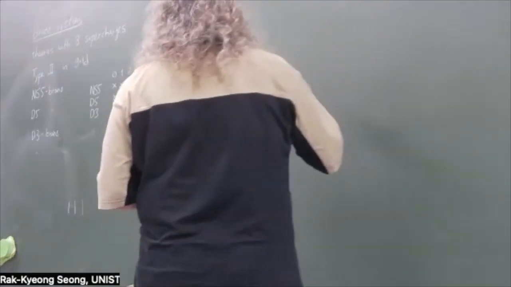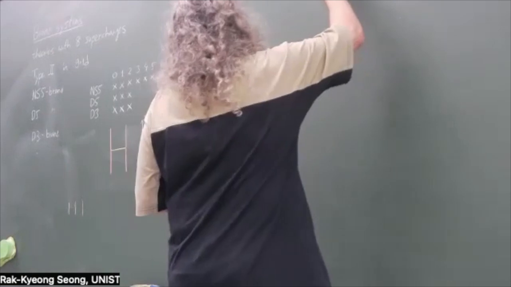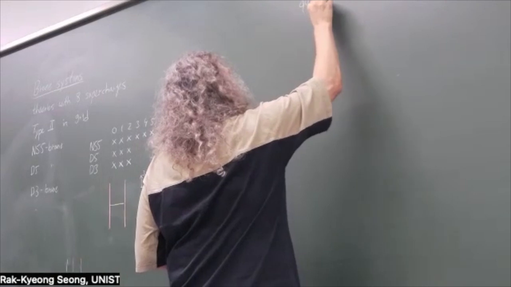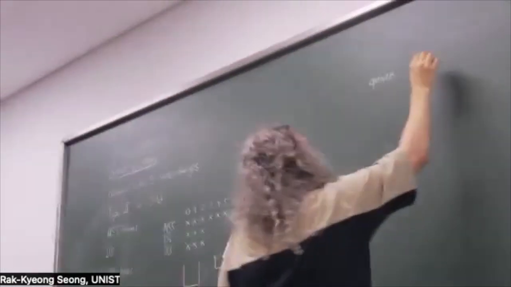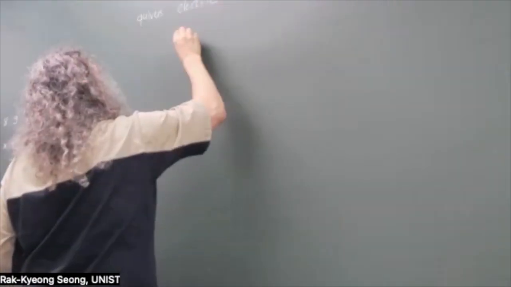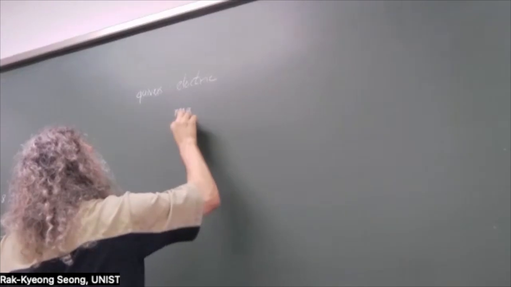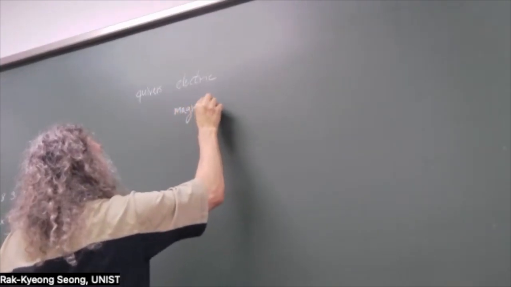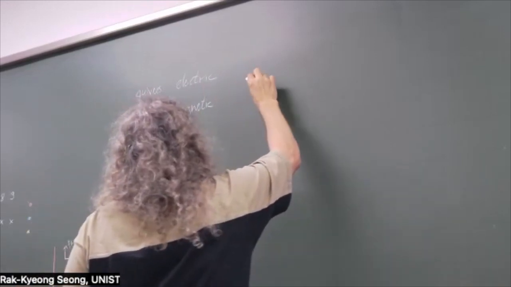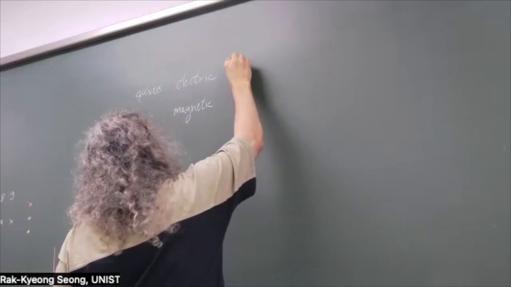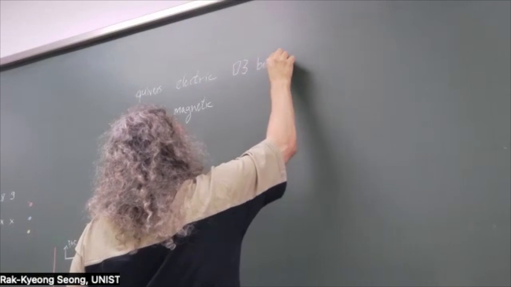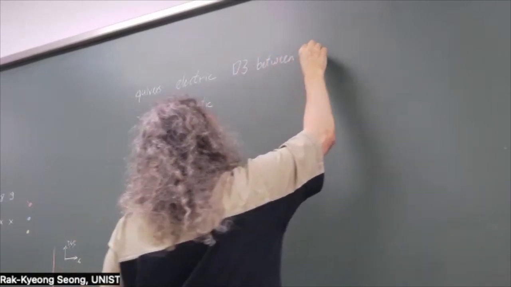So now, the next thing is to get the quiver. There are two types: electric and magnetic. The electric quiver is what I get when D3 branes are between NS5 branes.